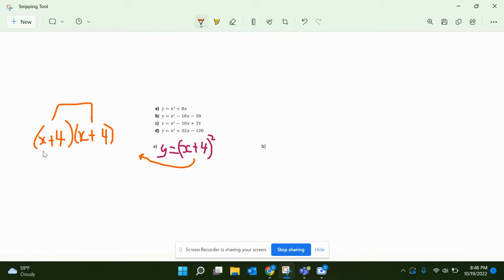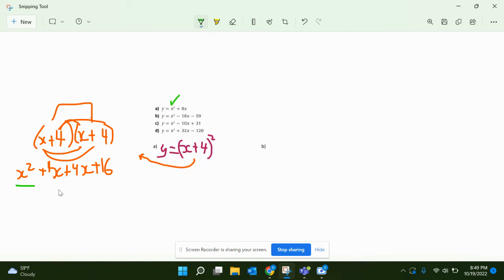Okay, so let's go through x squared plus 4x, plus another 4x for this one here, and plus 16. Now that we got that all figured out, we just got to figure out what do we have. Well, if I look, we'll do it in green, x squared.